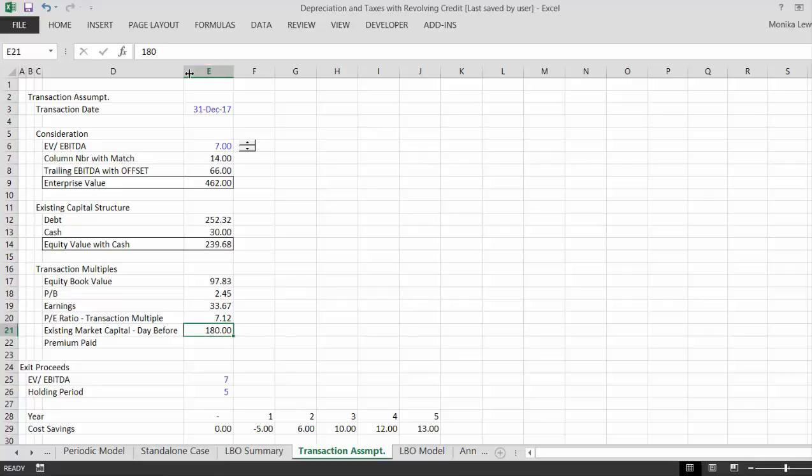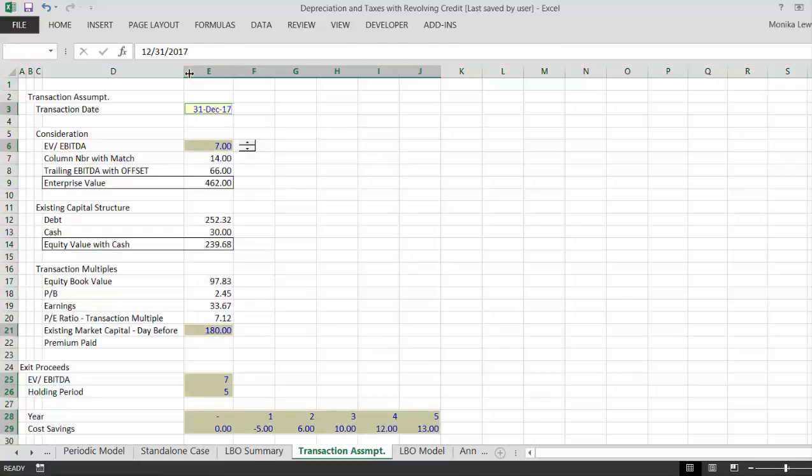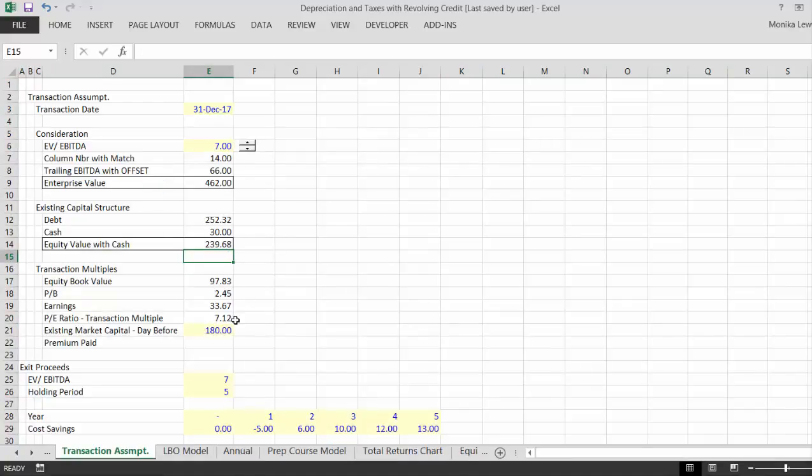That's shift control C, of course, that's going to be just an assumption we put in. And so our premium paid is this divided by this, -1.